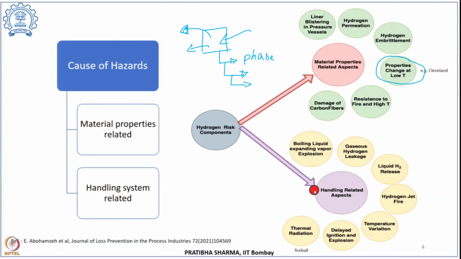Okay, next one is liner blistering in pressure vessels. What happens? Generally type 1, type 2, type 3 and type 4 tanks are used for hydrogen storage.